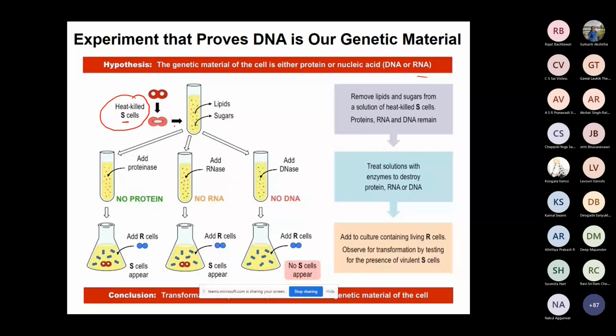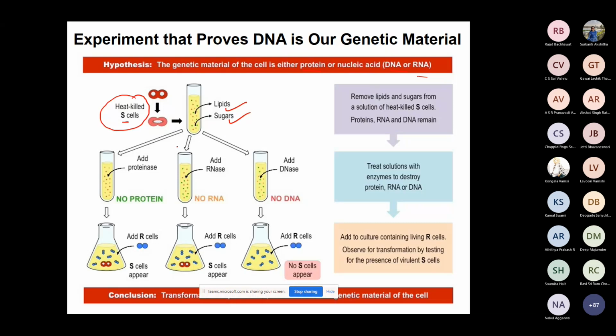Now, if you take the solution of those heat-killed S cells, you can quickly remove lipid and sugar by a very simple biochemical method. And then in the tube, what are the major biological components remaining? That is nucleic acid and protein, because lipid and sugar is already out, right?